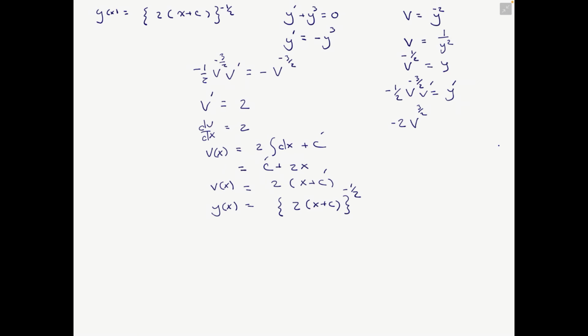So now the next part of the problem is, what do we have if y of 1 equals 2? So y of 1 equals 2.